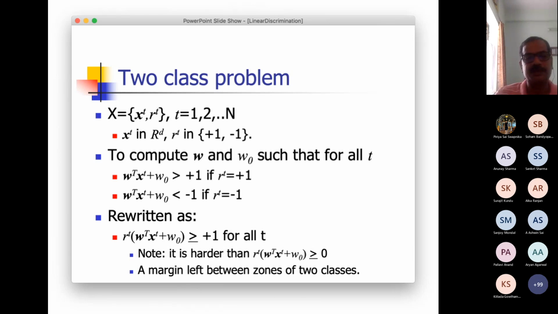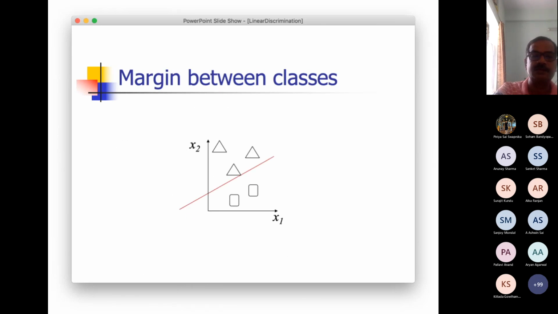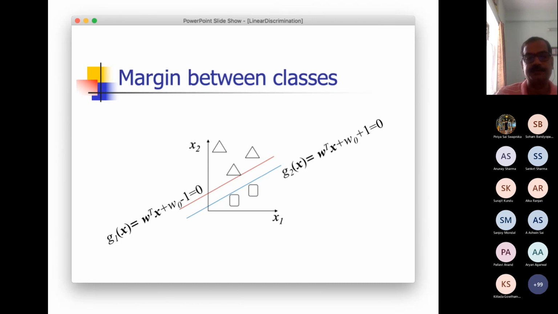So if I multiply, then for all the cases, consistently it should satisfy that it should be greater than or equal to +1, right? And it is harder than greater than or equal to 0. So this is how the margin is defined. And if it is lying on +1 and -1, which means the hyperplanes are defined in this way.